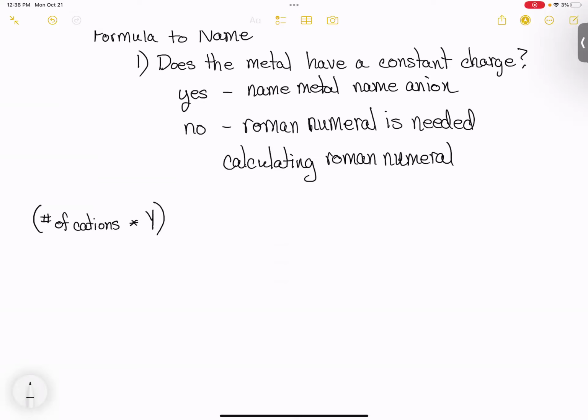I could have put z, I could have put a, I could have put anything. Y is just a variable so that I can distinguish it from the times sign. Plus the number of anions times the anion charge. And that is going to be set equal to 0. And then solve for y.